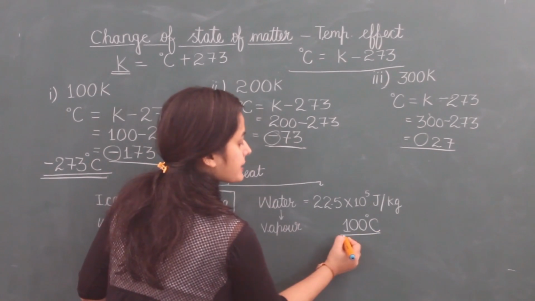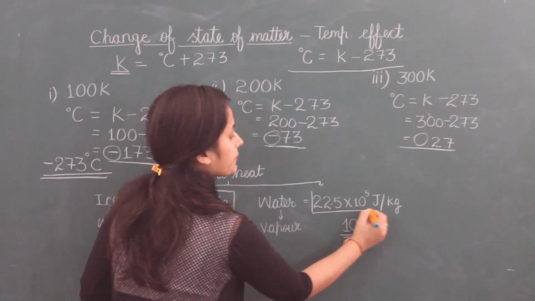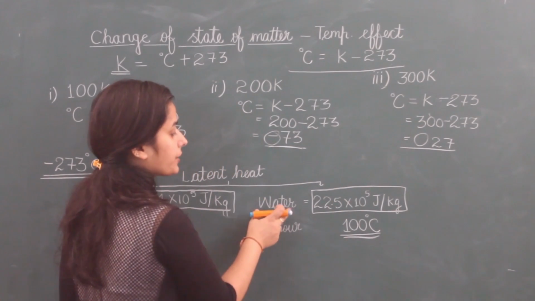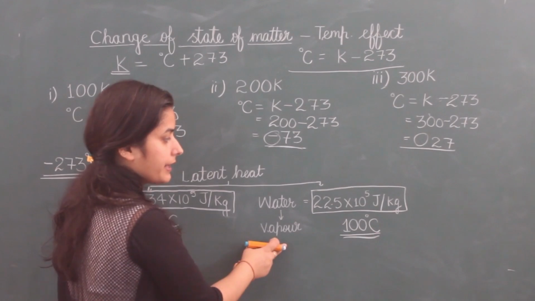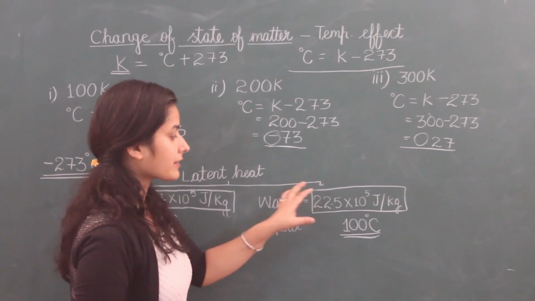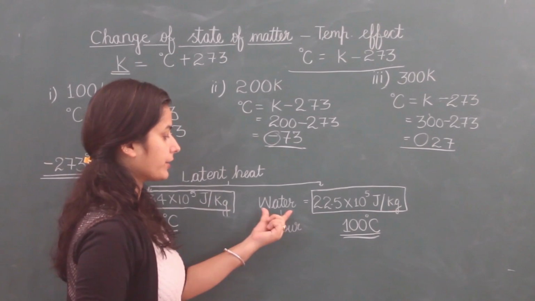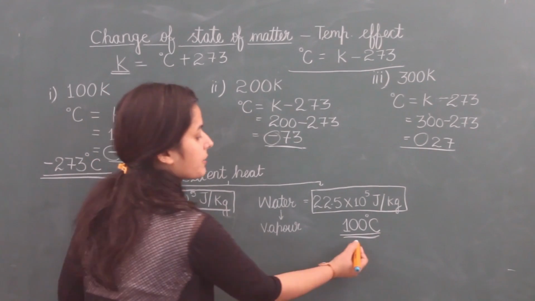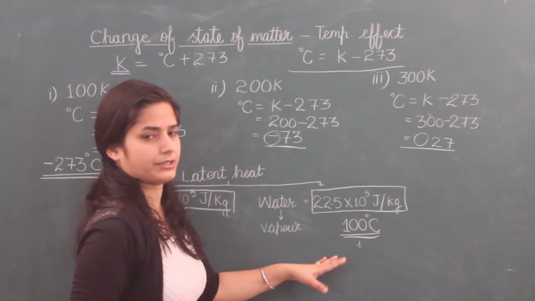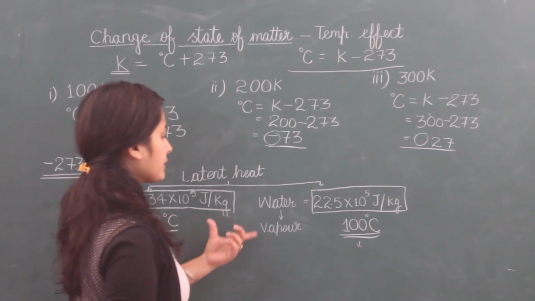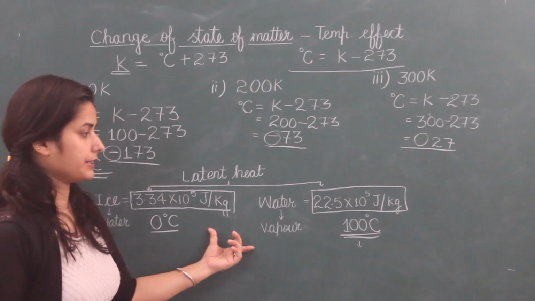At 100 degrees Celsius, we have to give this much more heat. Then complete water will convert into vapor and the temperature will not rise on the thermometer. When this heat is given to water, water converts into vapor. After that, the temperature can increase on the thermometer to 101, 102 and so on. So this is latent heat.